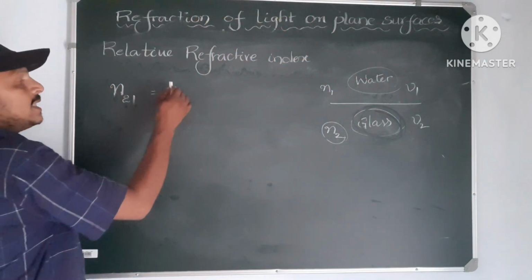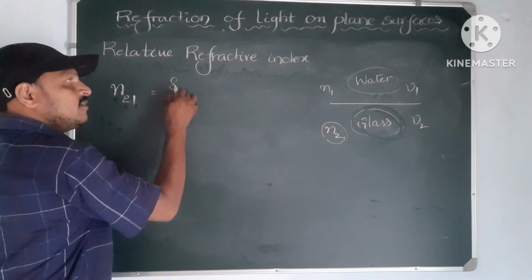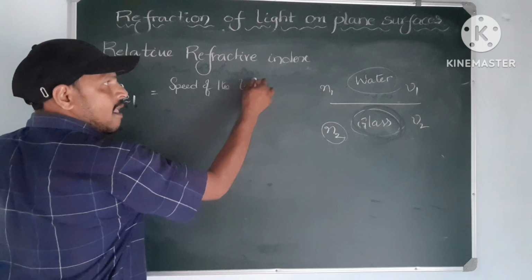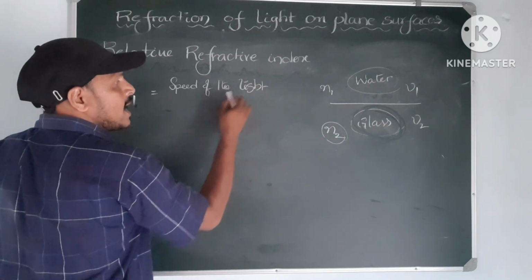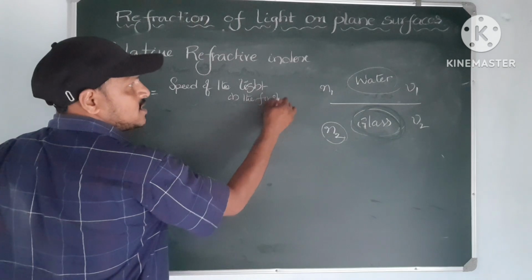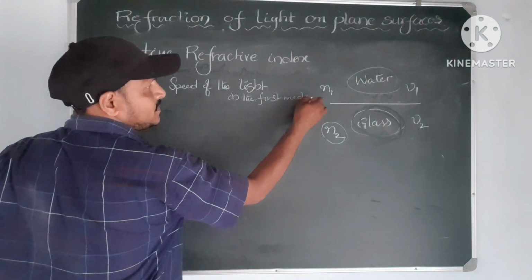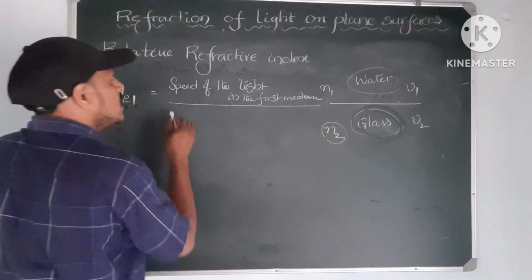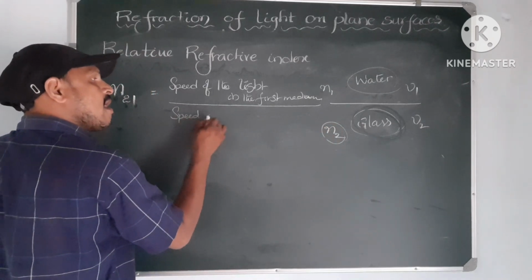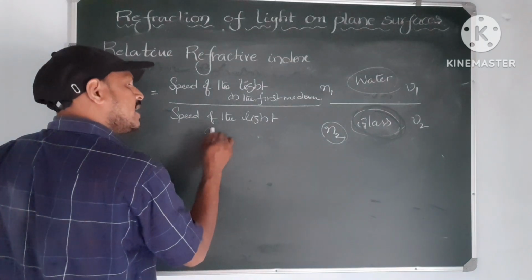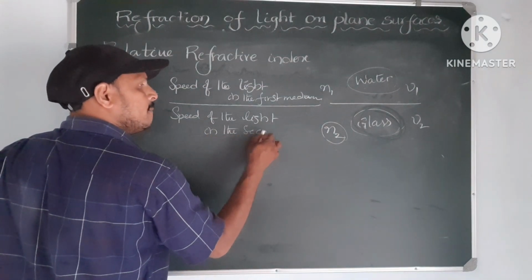So the speed of light in the first medium, that is water, by the speed of light in the second medium.